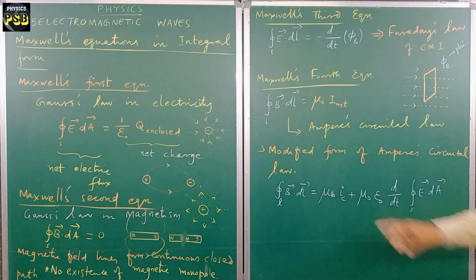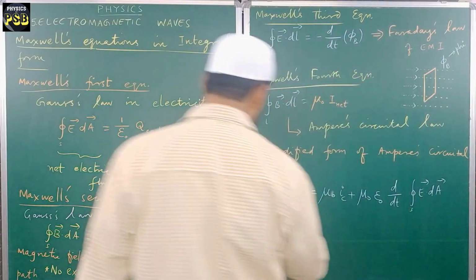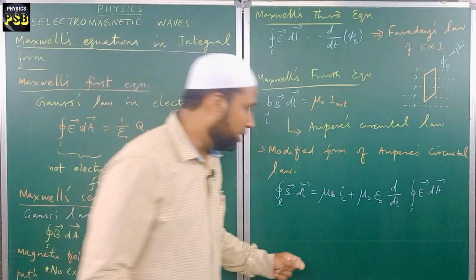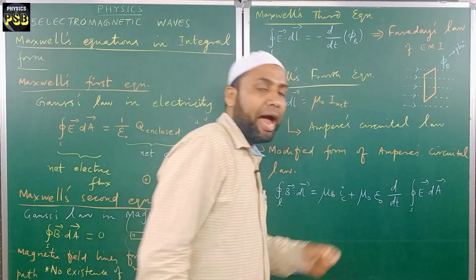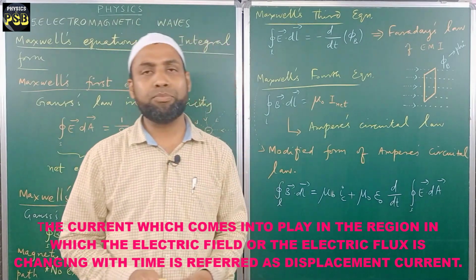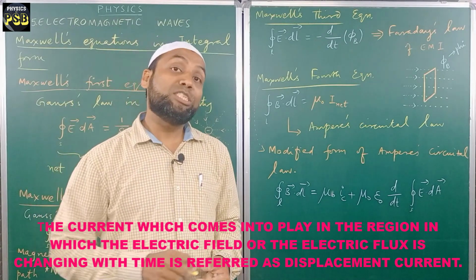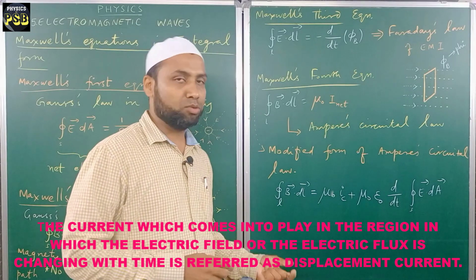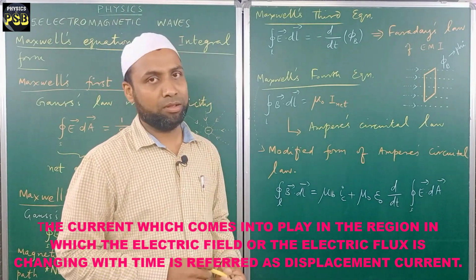What do we understand from this equation? This equation relates a magnetic field with the conduction current and the displacement current. This clearly shows that conduction current and displacement current can produce a magnetic field. This is what we understand from the fourth equation of Maxwell.